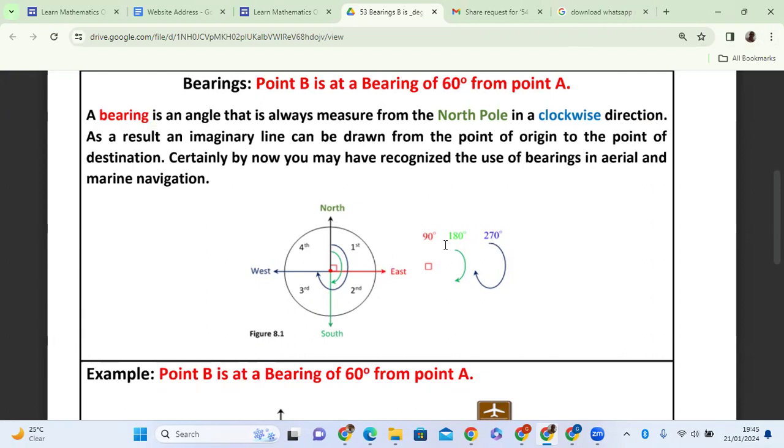A bearing of 180 degrees from the North Pole, a curve, will bring you to the South Pole, straight down, because 180 degrees is the angle of a straight line. So a bearing of 180 degrees will make you go straight down south. A bearing of 270 degrees, you measure an angle of 270 degrees in a clockwise direction, which will bring you straight due west. And a bearing of 360 degrees will bring you back to the point of origin.